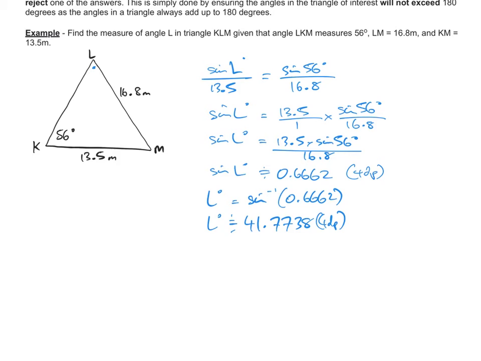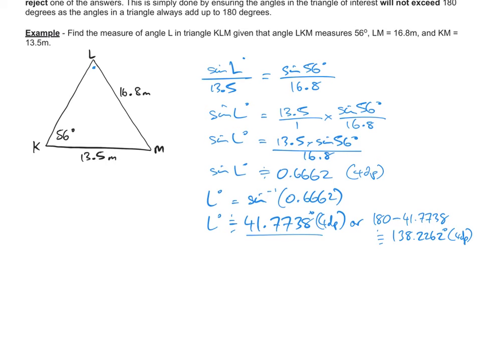But I've warned you of the ambiguous case, so it can either be this angle that you found as normal or 180 minus 41.7738, which is 138.2262 degrees to 4 decimal places. So we're talking angles here, so I need to do the degree sign.